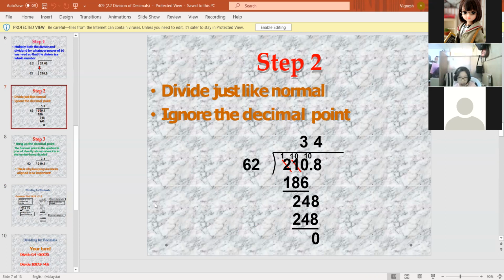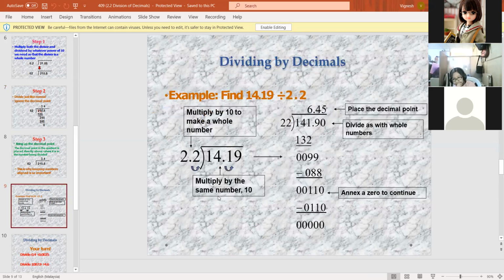Same goes to here. Same goes to here. You have to know that you have to line up the decimal point. Understand? Yes, okay. I'm going to show an example.